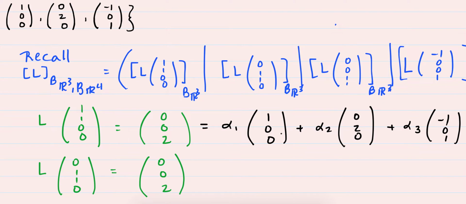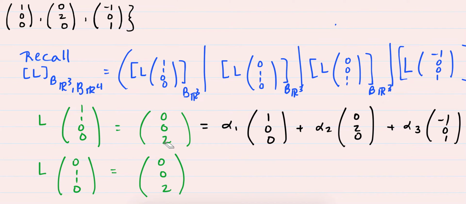Now, one way we could solve this is we could put these as column vectors in an augmented matrix, with a line, and then we put on the right side of that line the 0, 0, 2, find the reduced row echelon form, and we would be able to solve for alpha1, alpha2, alpha3. That takes a little bit of time. Maybe we can just reason through this to get to the answer quicker.